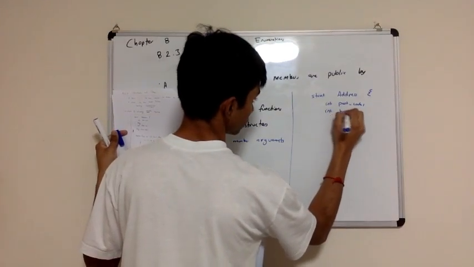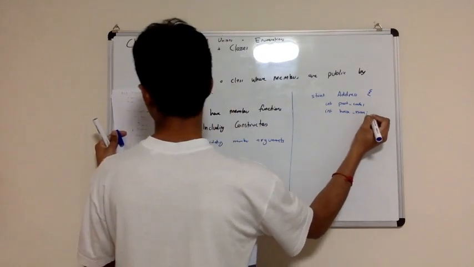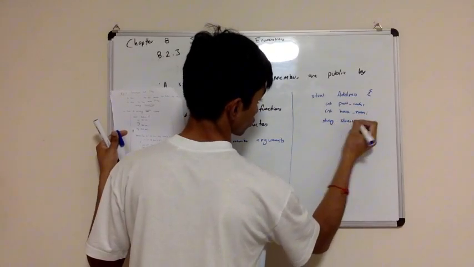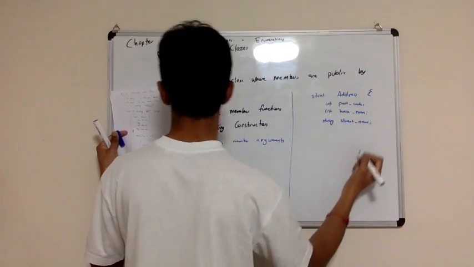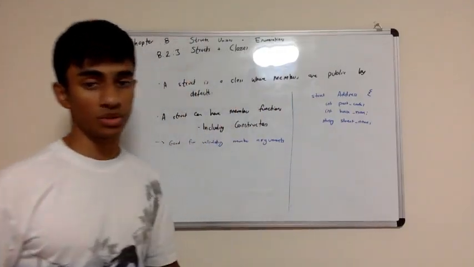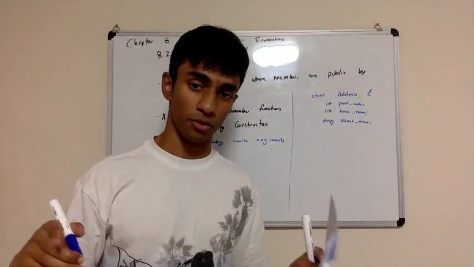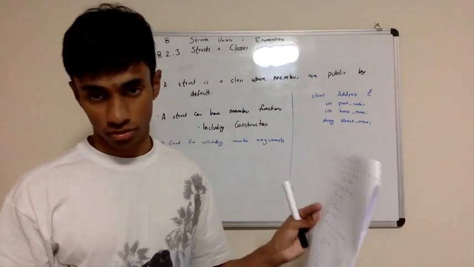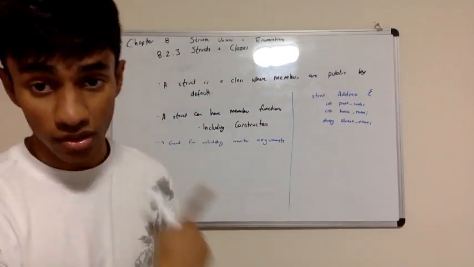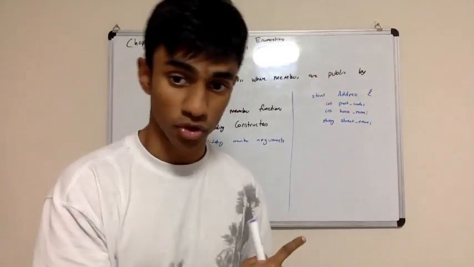We'll say house num, and street name, string street name, right? So in general, when we do something like this, in the main function, we'd say int main, and then inside we'd go address a or whatever, equals, and then squiggly brackets, and then we give a value for postcode, we give a value for house number, and we give a value for street name.